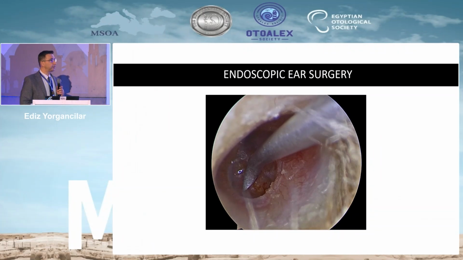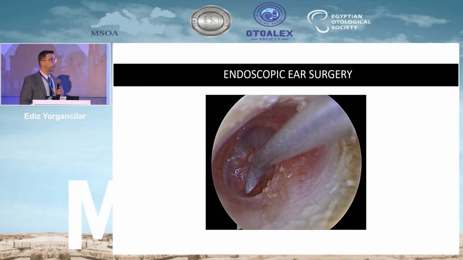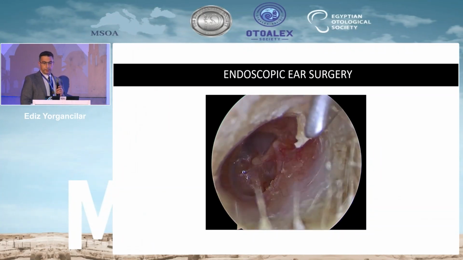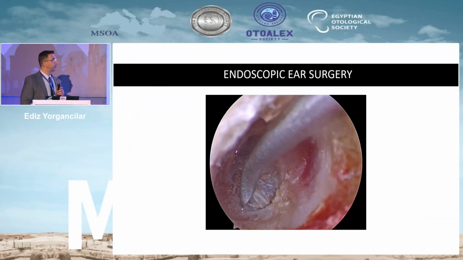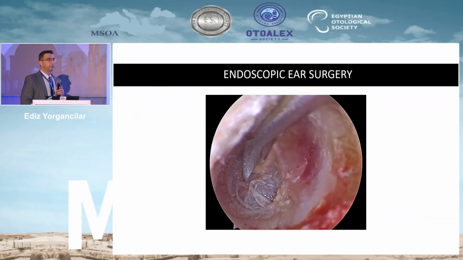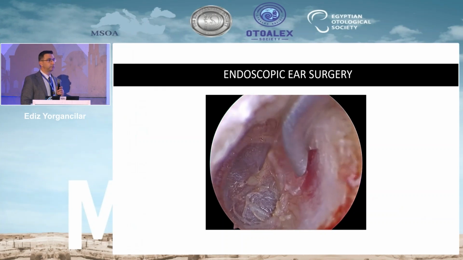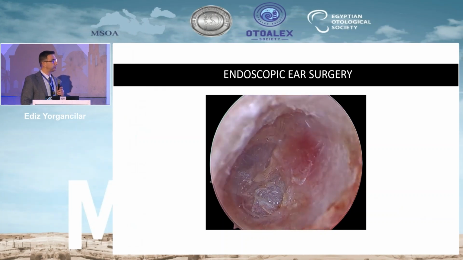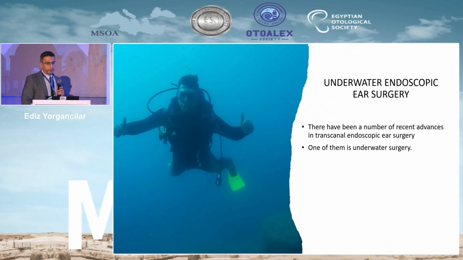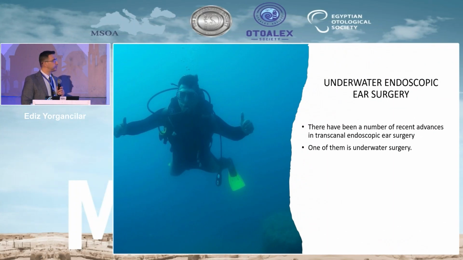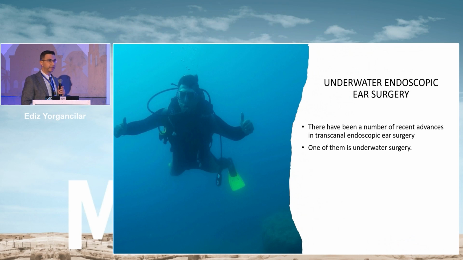Endoscopic ear surgery is a good option for this kind of case. It provides a wide view, and even in hidden areas you can see during the surgery, especially in retraction pockets. There have been a number of recent advances in this surgical technique.